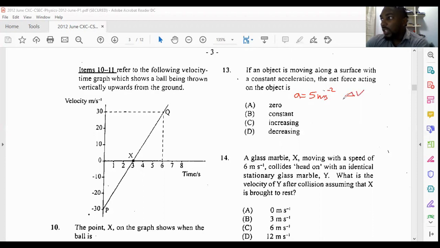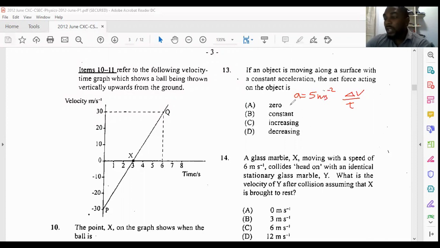A change in velocity results in acceleration. So it means that a force must be constantly being applied in order for the velocity to change, right? So in order for the velocity to increase, there must be some increase in force being applied on the object, right? So the force cannot be zero, the force cannot be constant, the force cannot be decreasing.